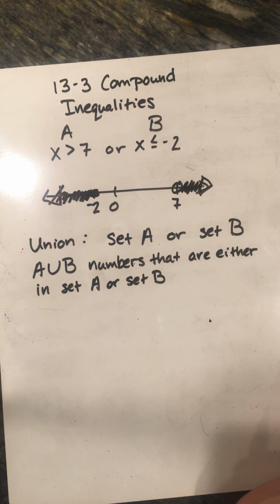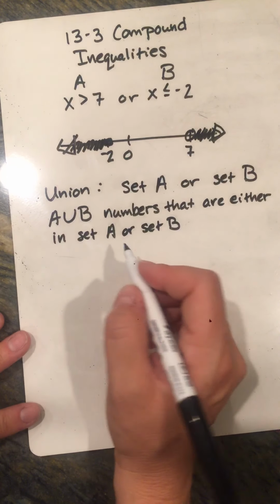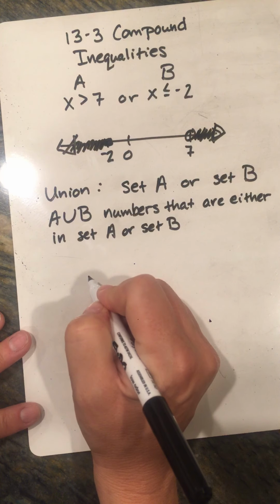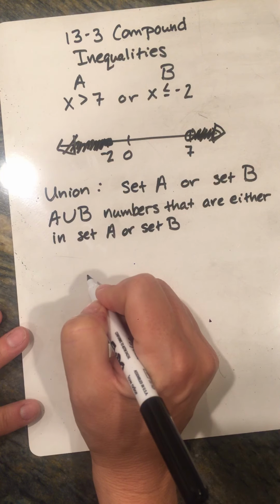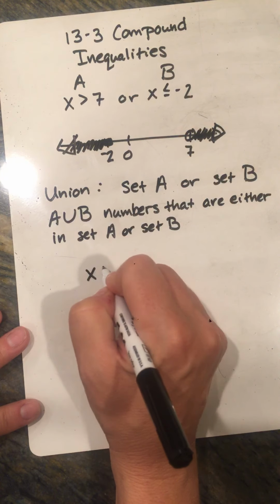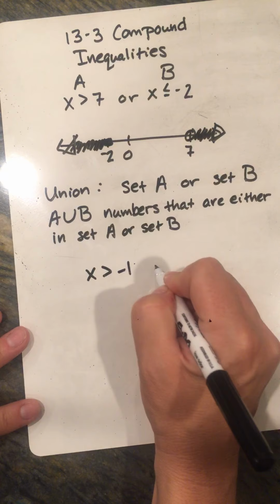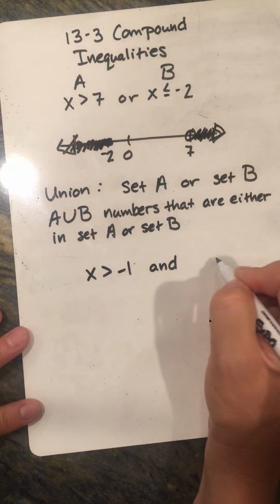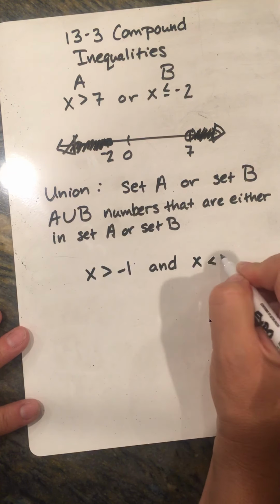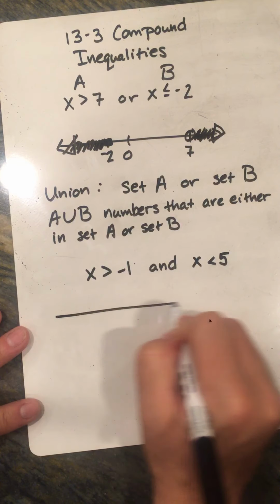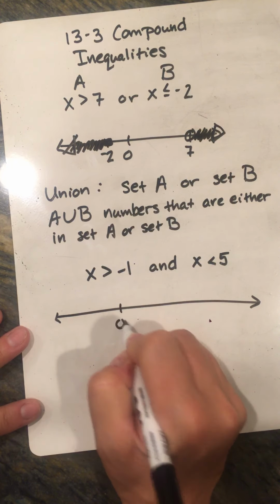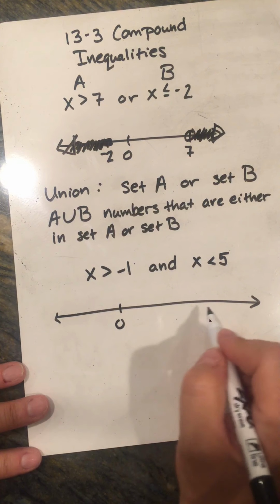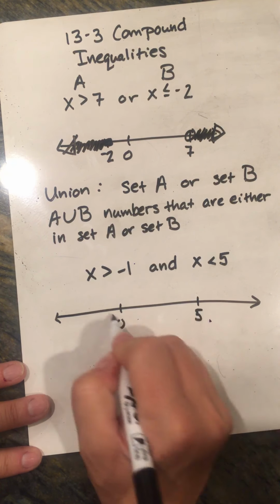Okay, so let's look at a different compound inequality. Let's do x greater than -1 and x less than 5. So if we graph this one, here's 0, and 5 will be up here, -1 is down here.